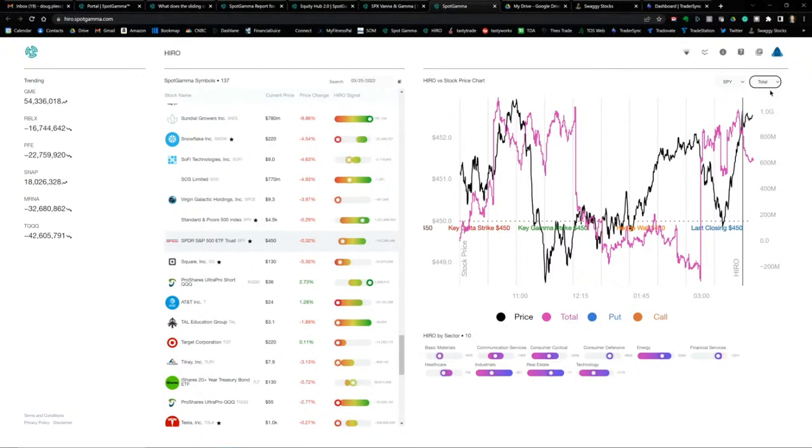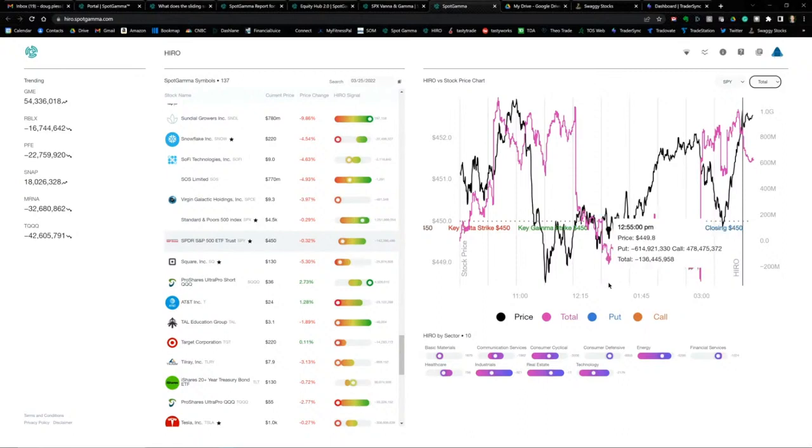Right. And keep in mind that hero and Bookmap includes signals. It's a combined signal for SPX and SPY. I tend to look at SPY individually. I think it may have more influence. I think I've seen notes from Brent at SpotGamma indicating that as well.